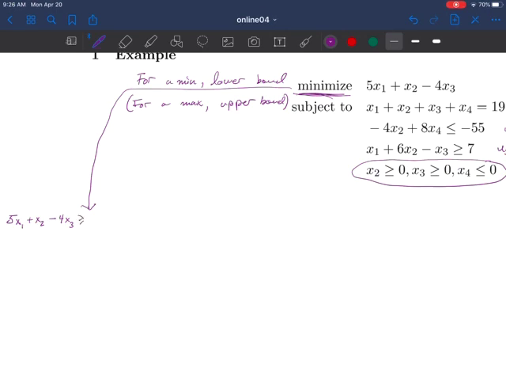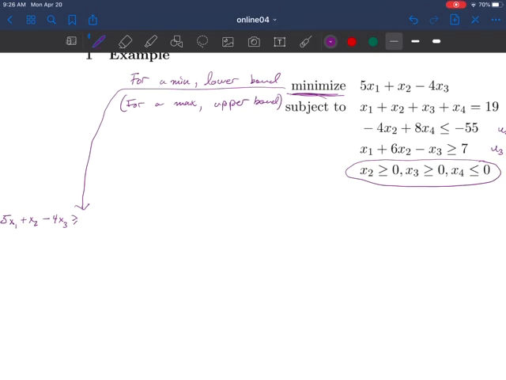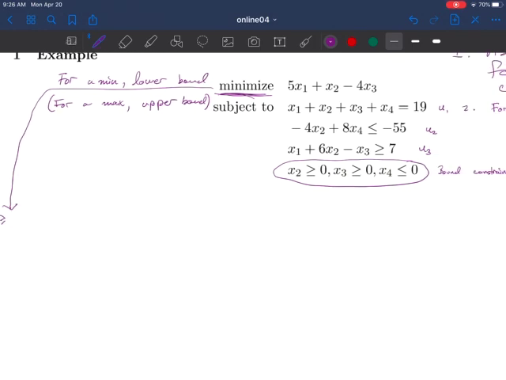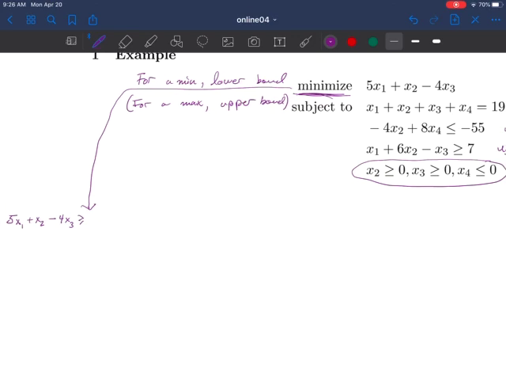And that really changes the sense of everything that follows this. Because for a lower bound, we want this to be true for any feasible solution. This has to be greater or equal to what comes next. Well, what comes next is going to be the dual variables multiplied by each of these left-hand sides added up.